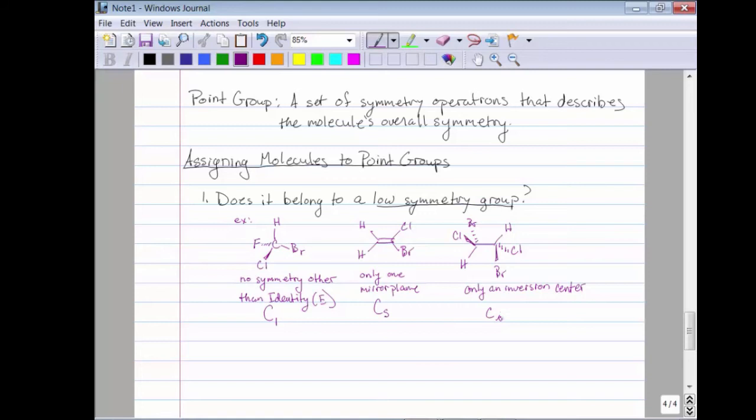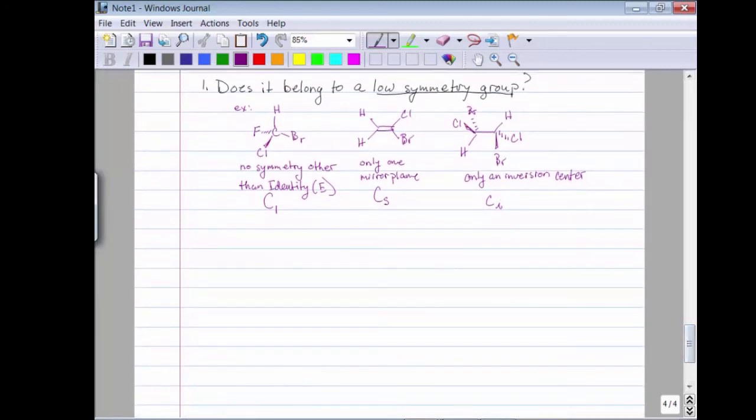If you put it into, oh my gosh, what do I want to say? Eclipsed conformation, it would no longer belong to the same group. So sometimes the textbook or I will ask you about a specific conformation of a molecule when I'm asking you to classify these things.